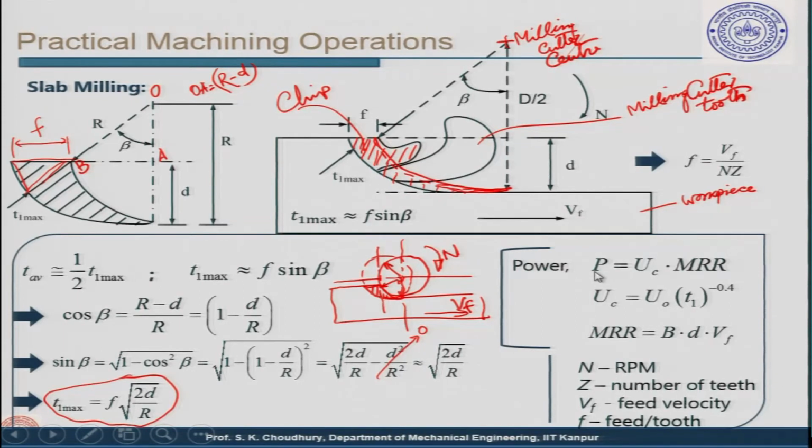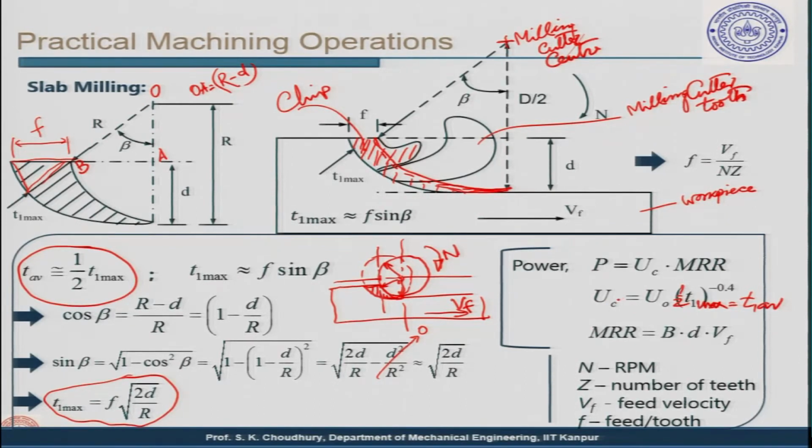To find out the power, we have to find out the specific energy, and for specific energy it is the T1 which is important, and T1 in this case, as I said, has to be half of the T1 maximum, which is the T1 average. This is what we said. Okay.